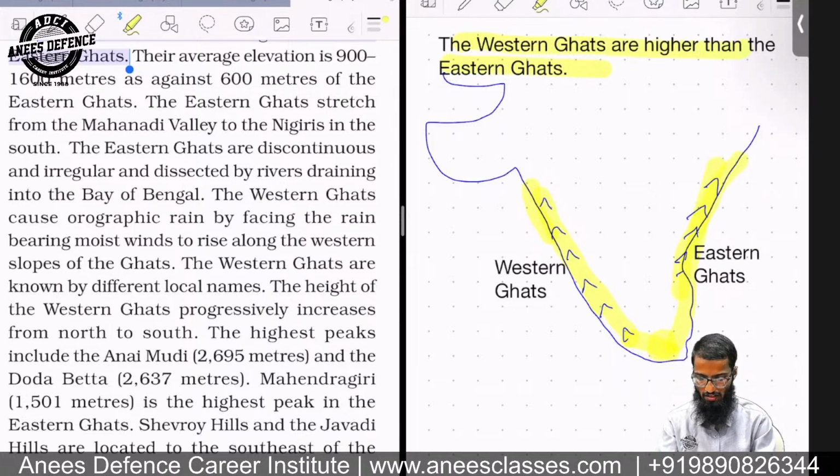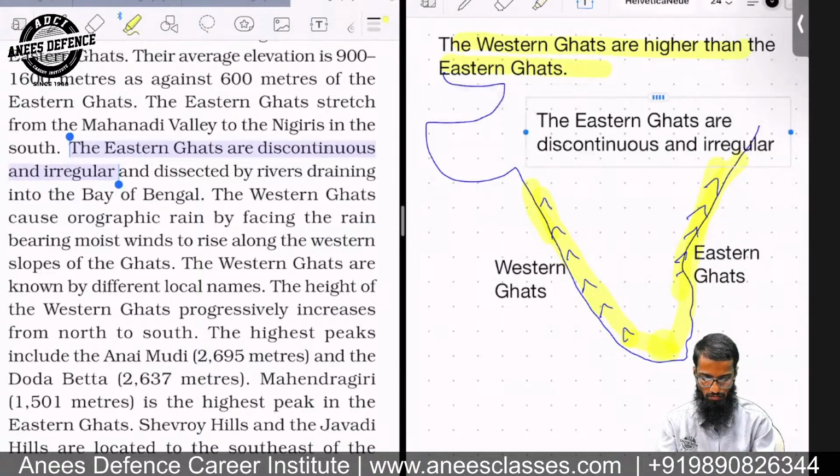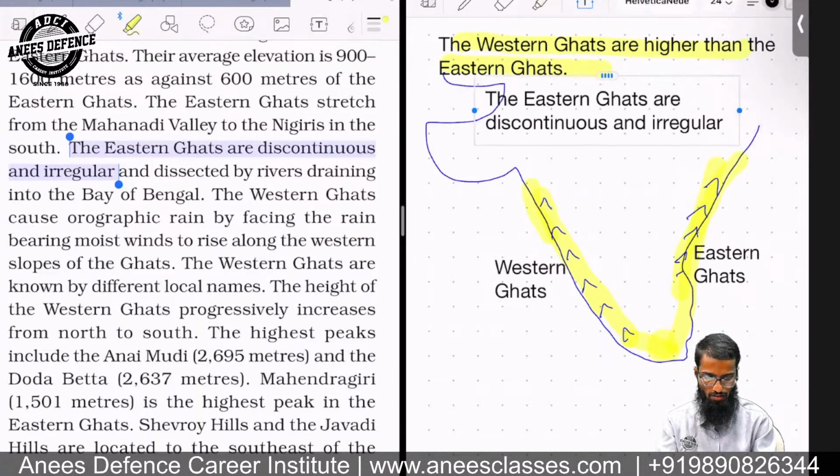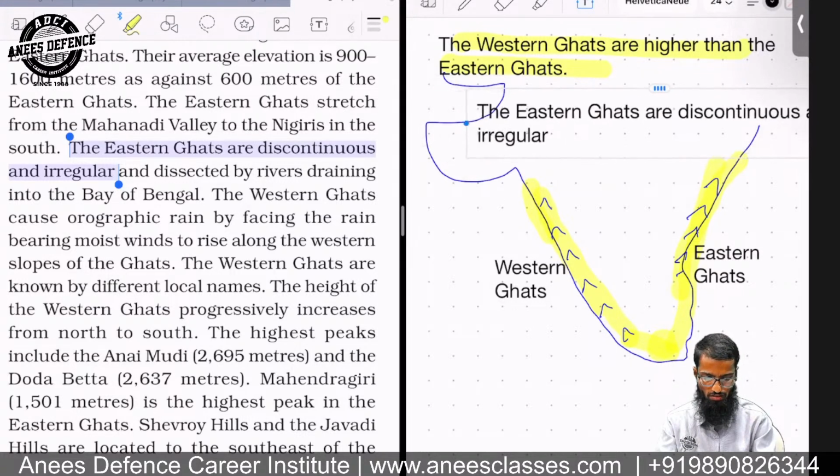Eastern Ghats are discontinuous and irregular. So now you have an idea about the Eastern Ghats also.